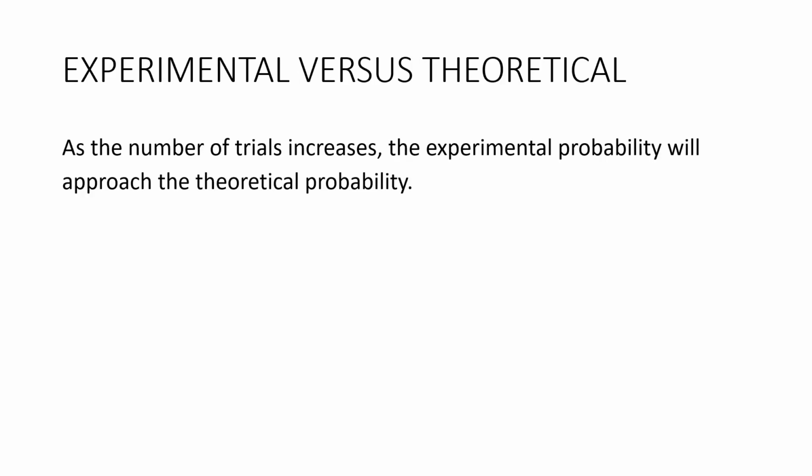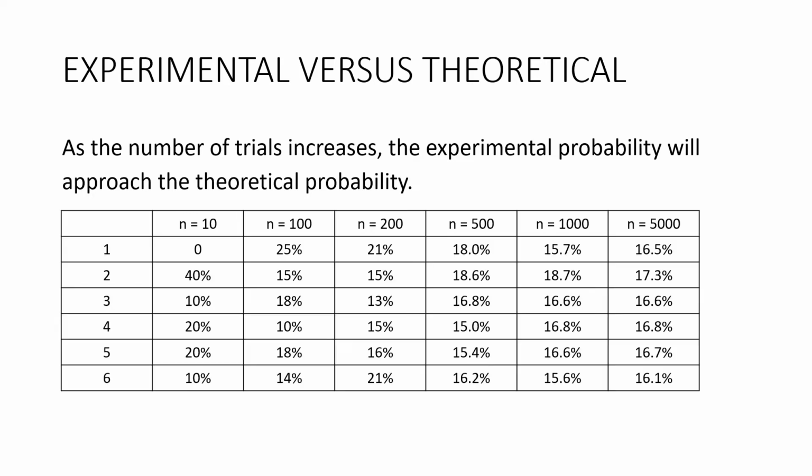So what is the difference between experimental probability and theoretical probability? Well, as the number of trials increases, the experimental probability approaches the theoretical probability. Let's return to our die tossing. Now, if we only have 10 trials, the probabilities are all over the place. We didn't even get any 1s.